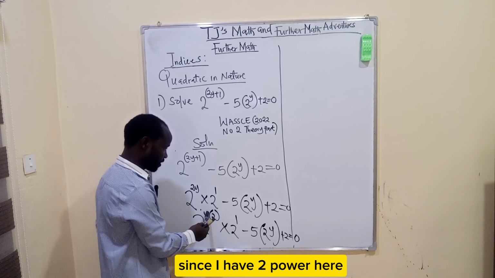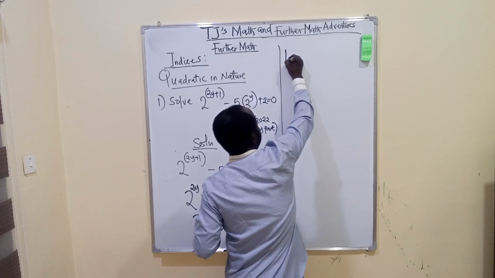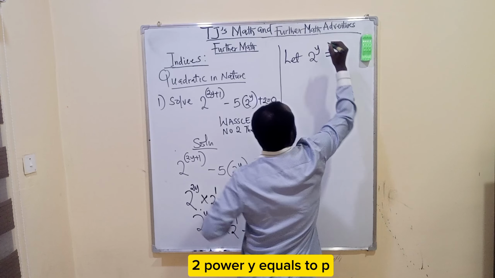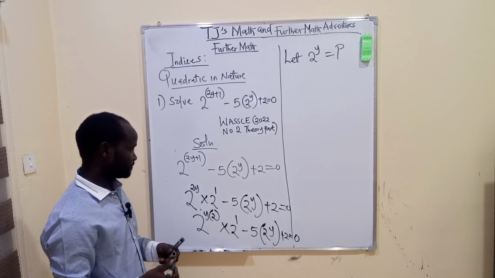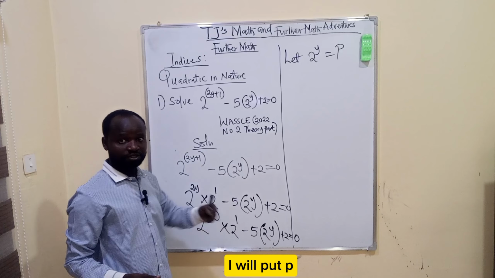Since I have 2 power y here and 2 power y here, I can say let 2 power y be equal to p. Anywhere I see 2 power y, I will put p.